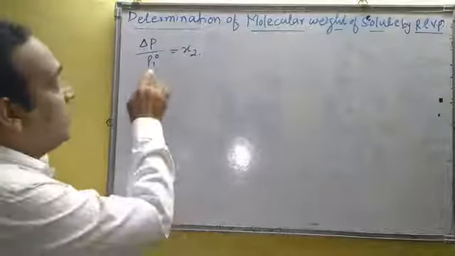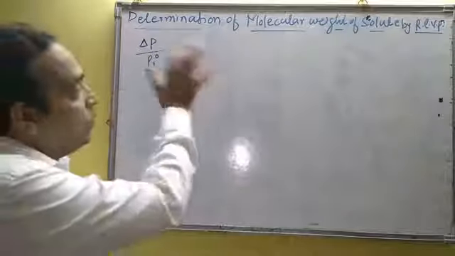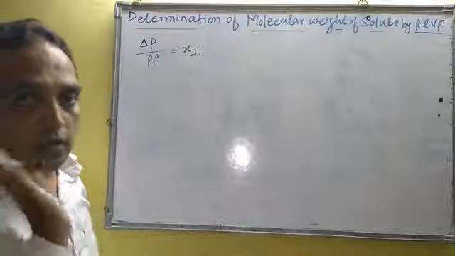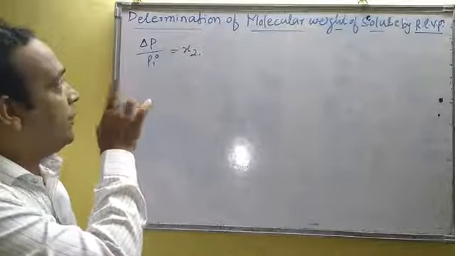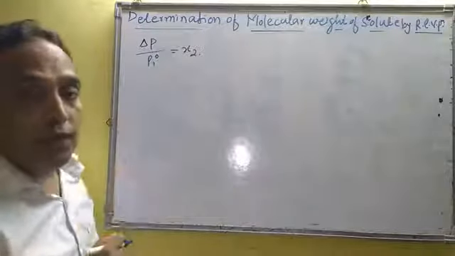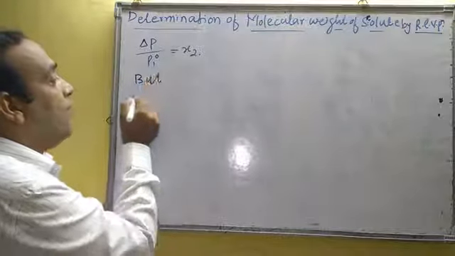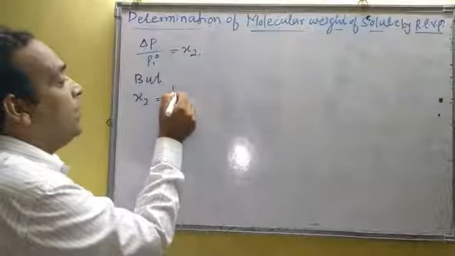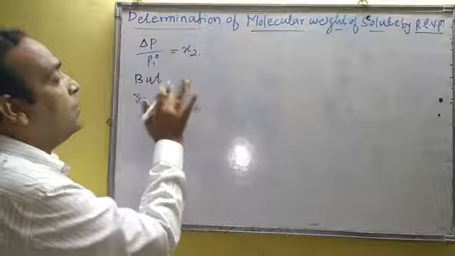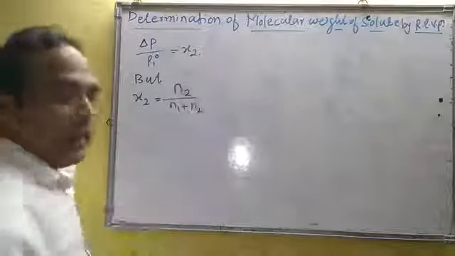So the relative lowering in vapor pressure of a dilute solution is equal to the mole fraction of the solute. This is Raoult's law. Now x2 is the mole fraction of solute, and x2 is equal to n2 upon n1 plus n2. What is the value of x2? n2 upon n1 plus n2.